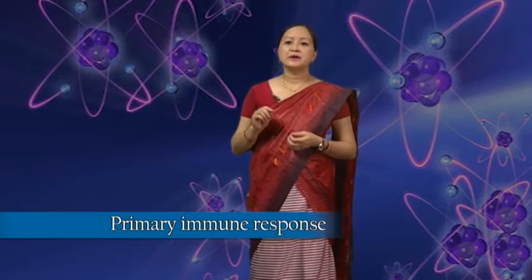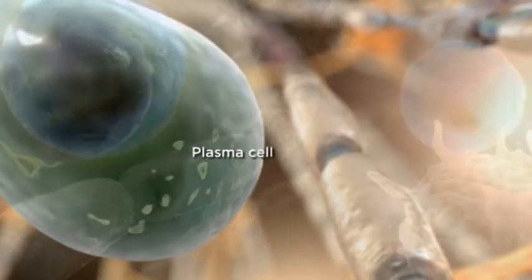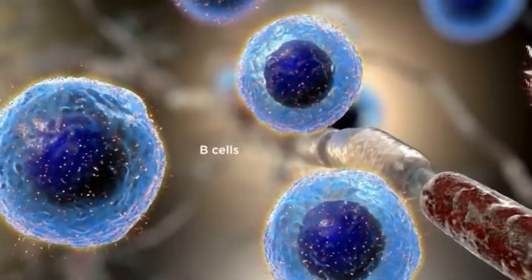Primary immune response. The first contact of an exogenous antigen with an individual generates a primary humoral response characterized by the production of antibody-secreting plasma cells and memory B cells.